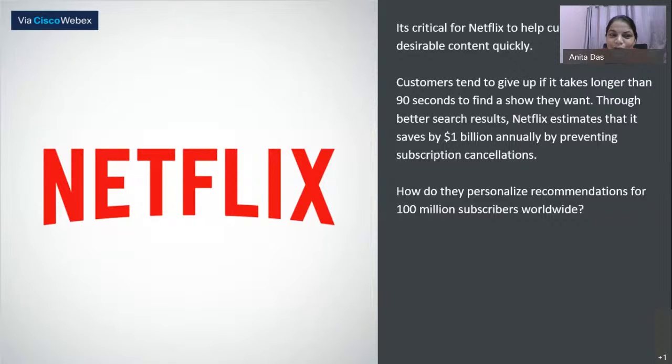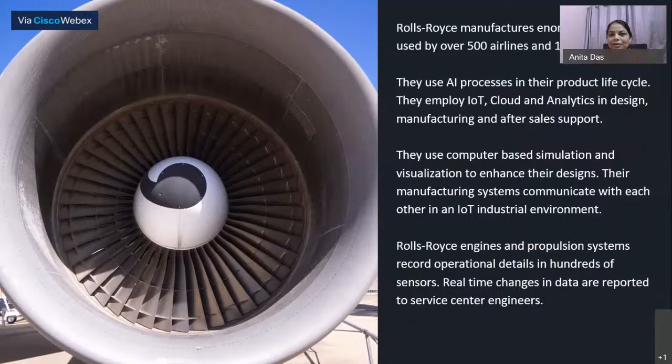So you can think of how much business they are going to do once they have a better algorithm, which can recommend people better, so that people will not cancel their subscription, and at the end the company will get the benefit.